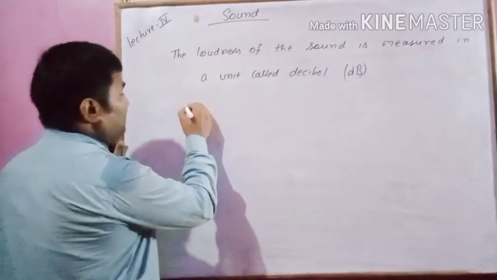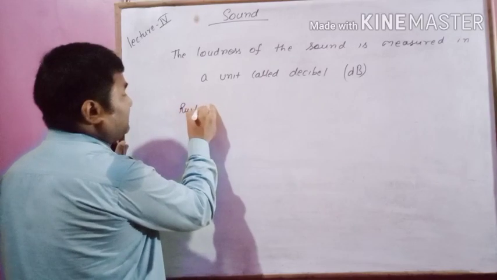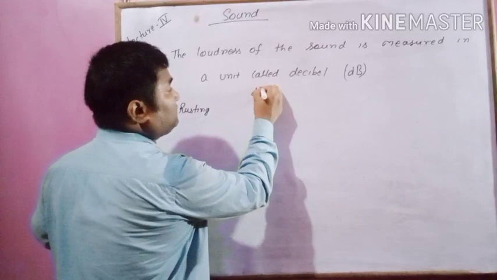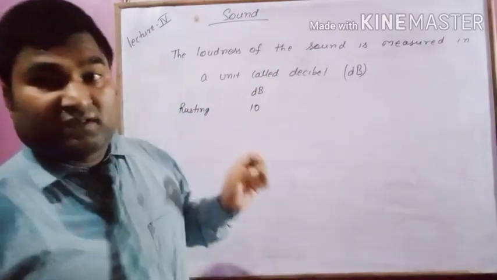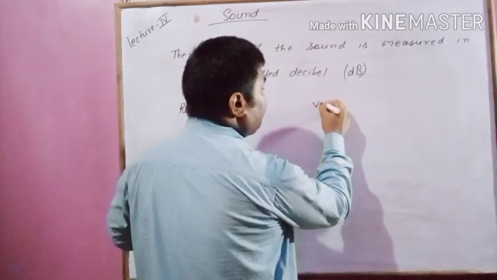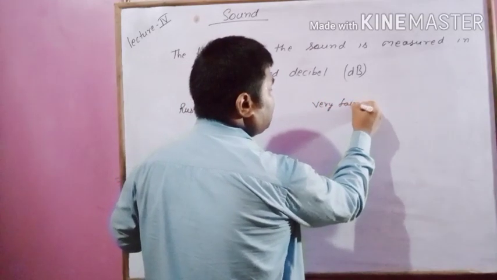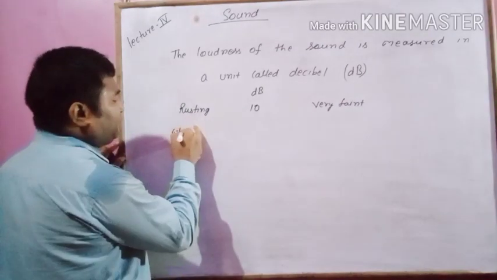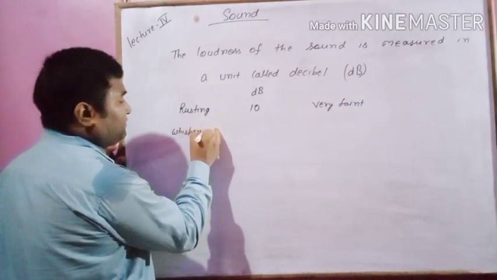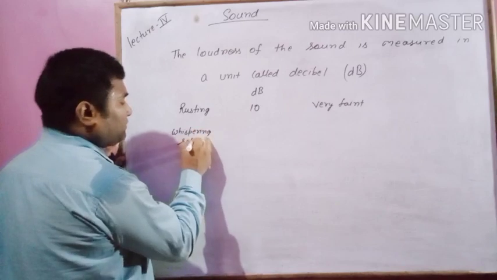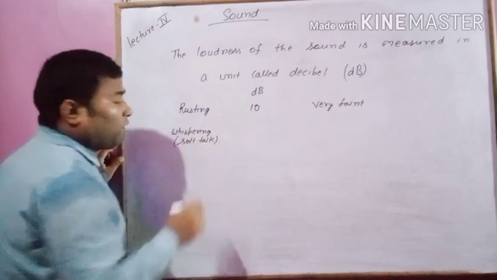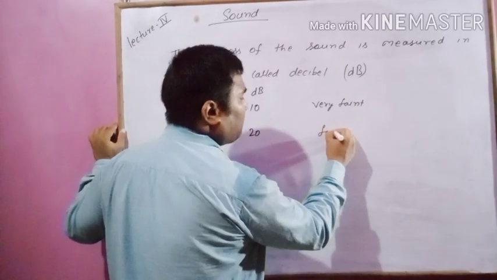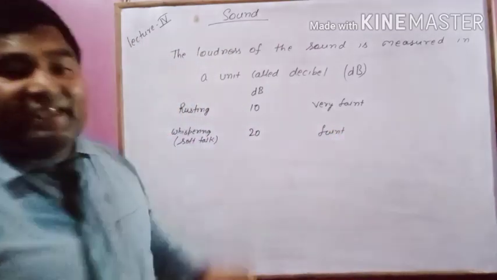For example, rustling produces a sound of 10 decibel. It is very faint, you will barely hear it. Whispering, meaning soft talk, when we talk very softly, is 20 decibel. The sound is considered as faint.